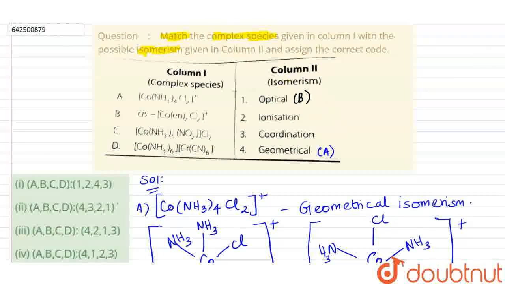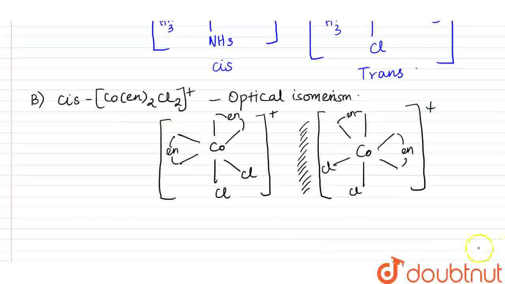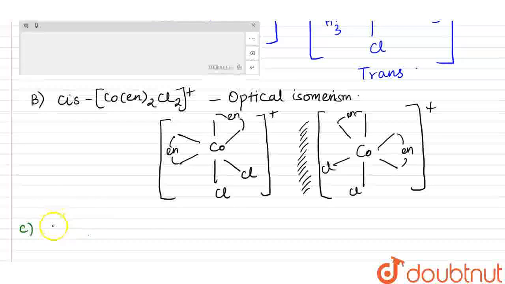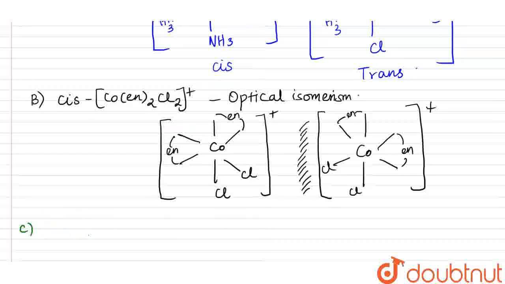And the third complex, C, is cobalt pentaammine nitrochloride.